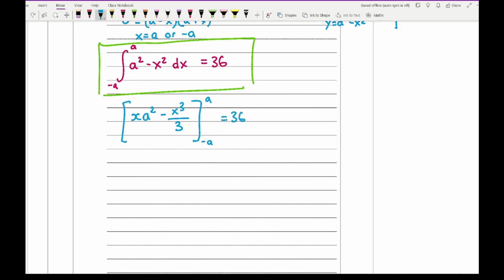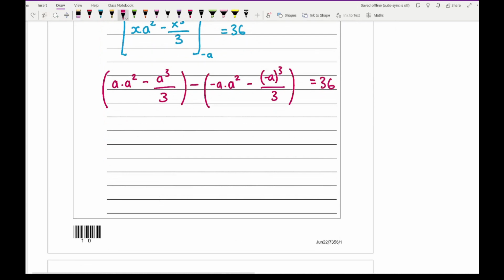Now bear with me, what we need to do is substitute the values in. So swapping x with a, I end up with a times a squared minus a cubed over 3, and then minus, minus a times a squared minus minus a cubed over 3. And that all equals 36.